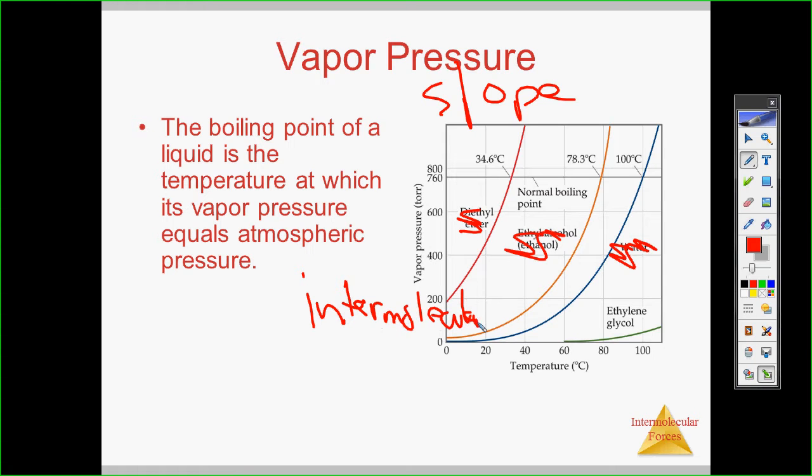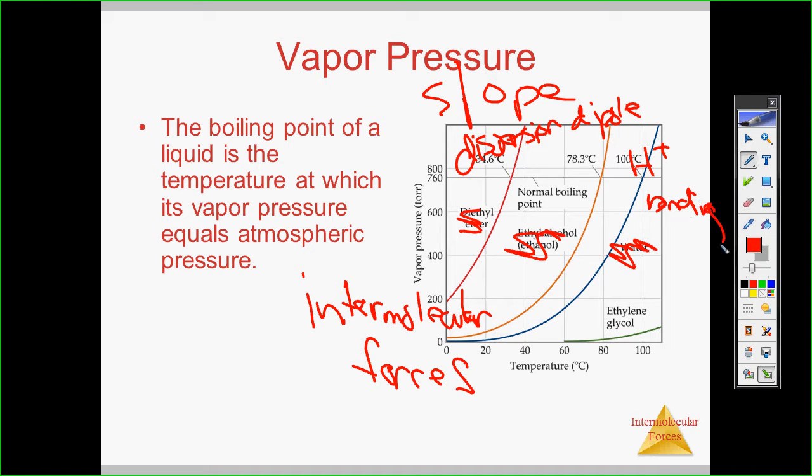Now to see if we know what we are talking about in our homework, which forces would be the red, orange, and blue? London, dipole, and hydrogen. All right, dispersion, dipole for the orange, and then H bonding.